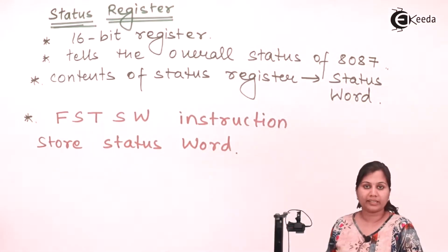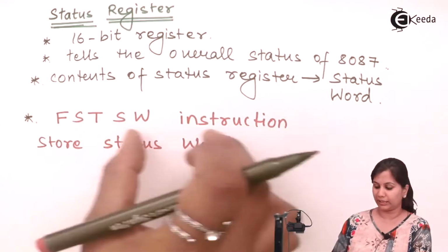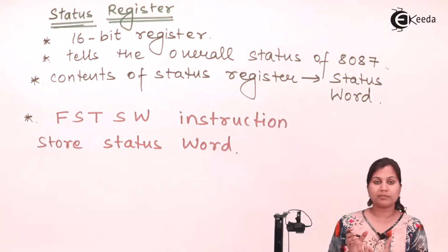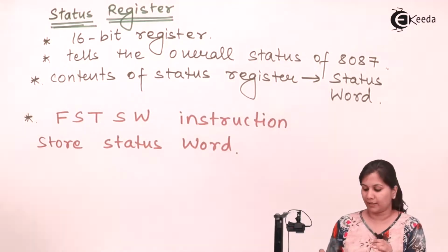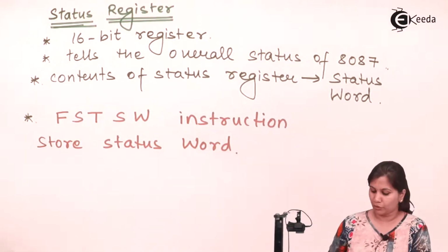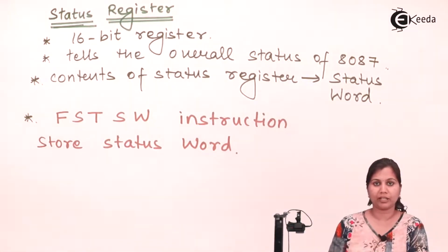When we write this instruction FSTSW, after that instruction there will be an address. That address will be stored in a register, and at that address the status word will be copied. So the status word will be stored at that specific location.